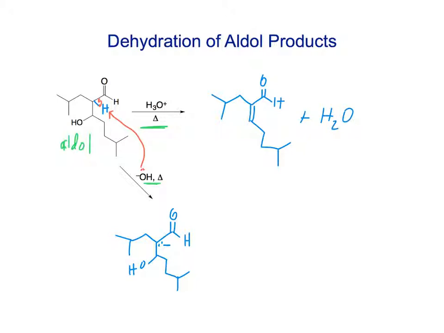Once we have that electron density built up at that position alpha to the aldehyde, that can be enough to push off the hydroxide. These electrons come down here to form the double bond, and the hydroxide comes off. When that happens, we go to the same dehydration product.